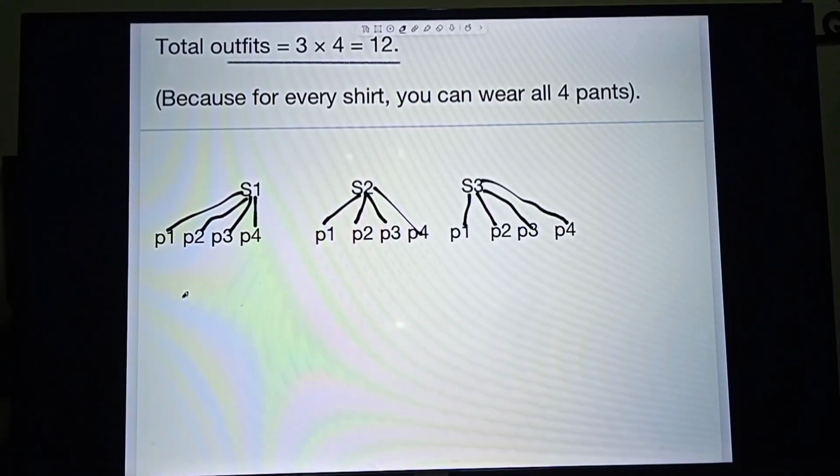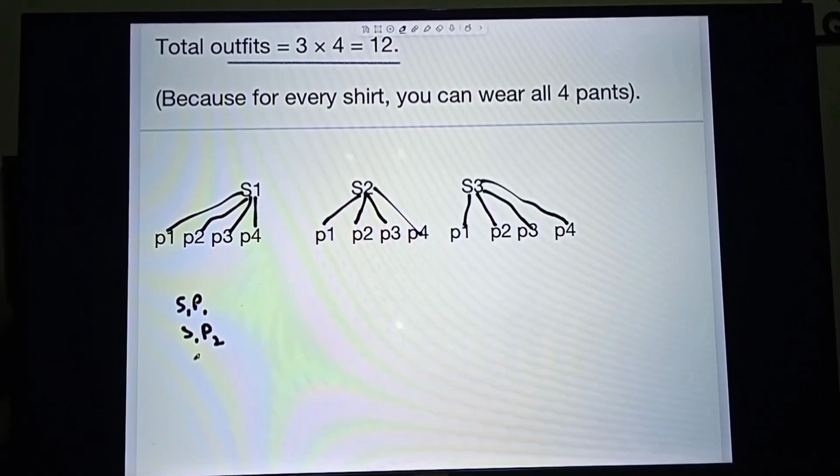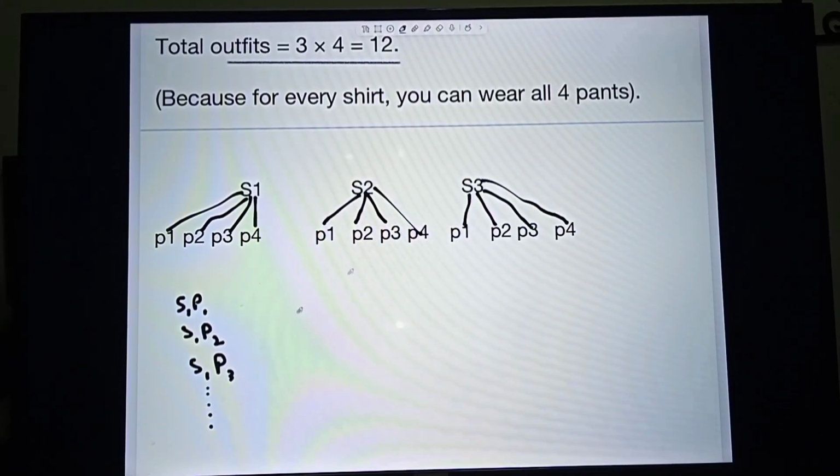So the outcomes will become S1P1, then S1P2, then S1P3, and so on. The last one will be S3P4, and this will be a total of 12 outcomes.